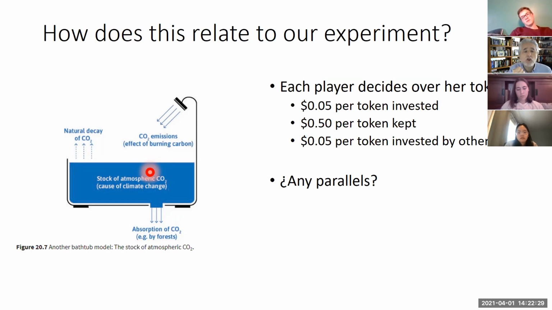my response to that skeptical person that says, why should I invest and give up 45 cents to put a token in the investment fund if I can guarantee those 50? And besides, I am anyway benefiting from whatever the other people put into the investment fund. Why should I?